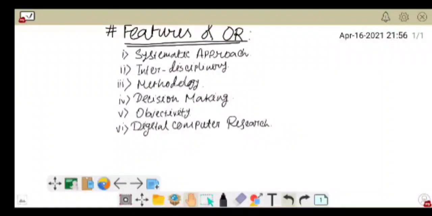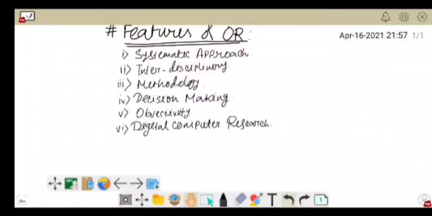So features of OR. Number one, it is a systematic approach. Science is all about the system, and science goes through a particular system. Every formula has a system, and when the scientific approach goes through a method, it also has a system.